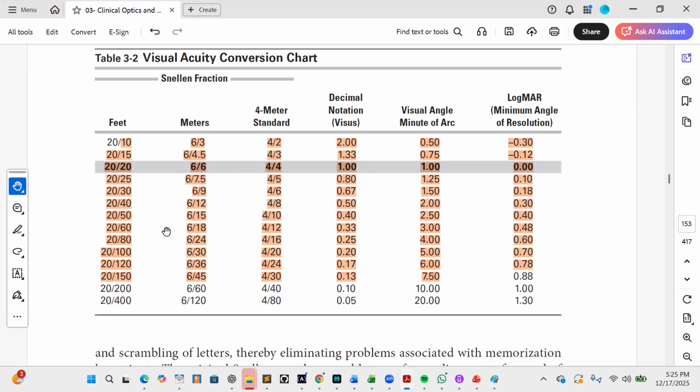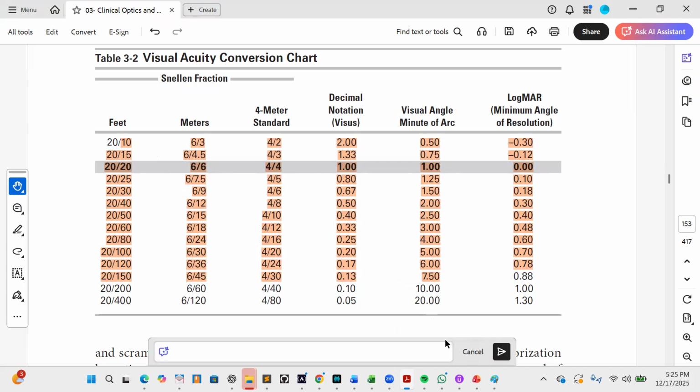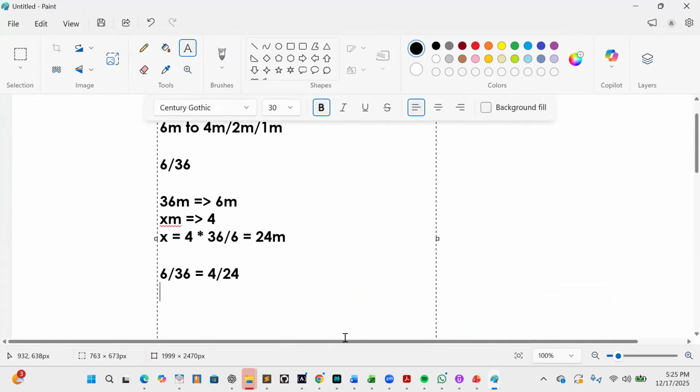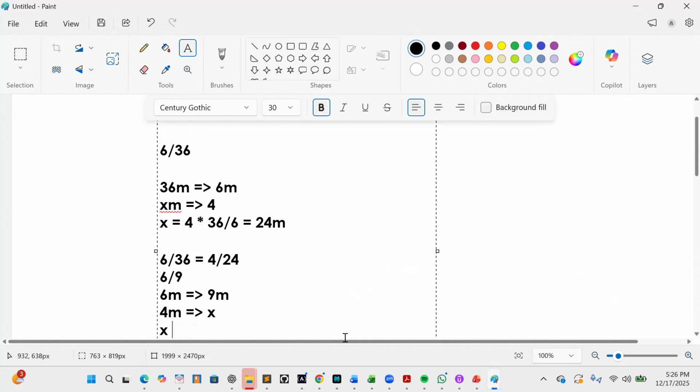That's the conversion there. So you could also do it for, let's say, 6/9 or something. When we're testing at 6 meters, we expect the person to be 9 meters away. Now I want to test at 4 meters. How long would the person stay? x will now equal 4 times 9 divided by 6.